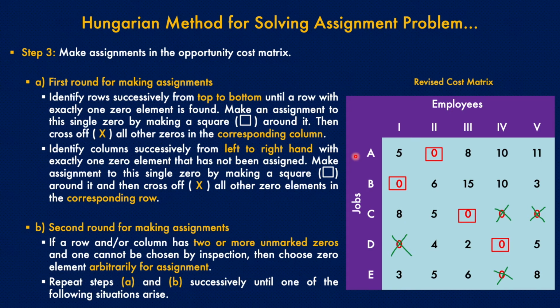So each row we will check. Identify rows successively from top to bottom until a row with exactly one zero element is found. Make an assignment to this single zero by making a square around it. Then cross off all other zeros in the corresponding column.